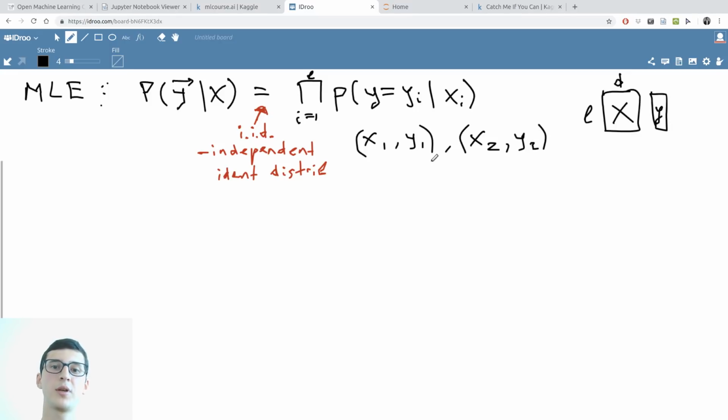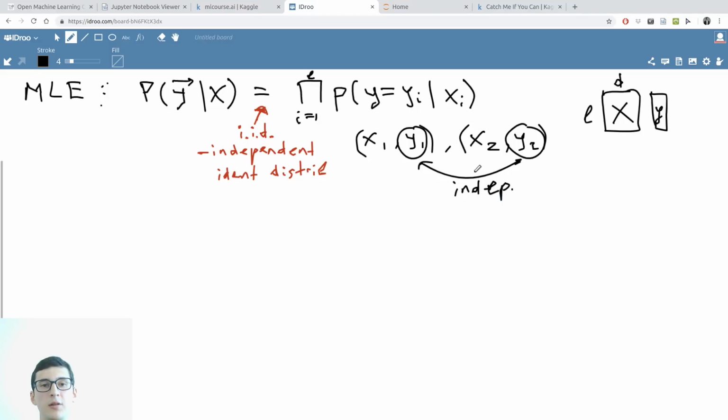We suppose that these observations are independent, so observing y1 for instance x1 is totally independent from observing y2 for vector x2.